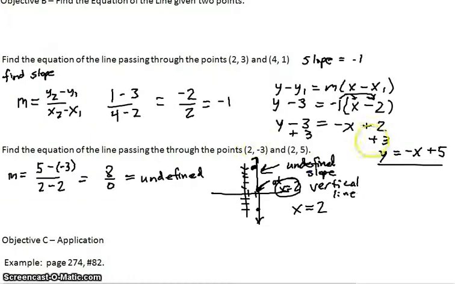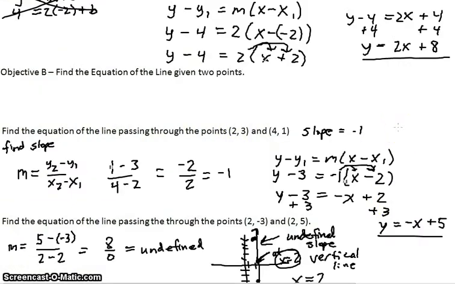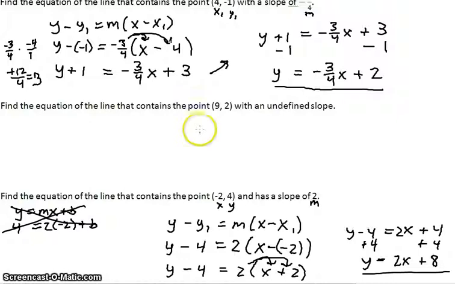So if we're talking about an undefined slope up here, and it goes through the point 9, 2, if it's undefined, that means it goes straight up and down.